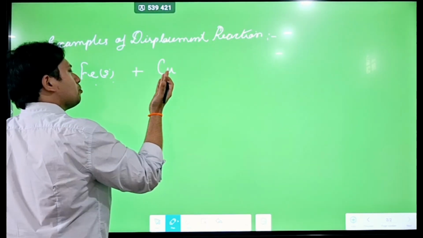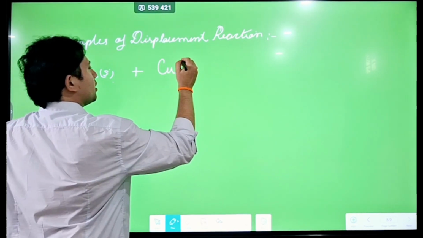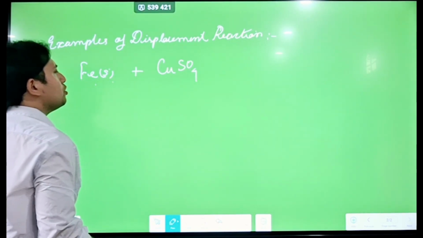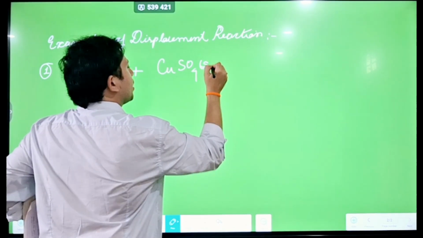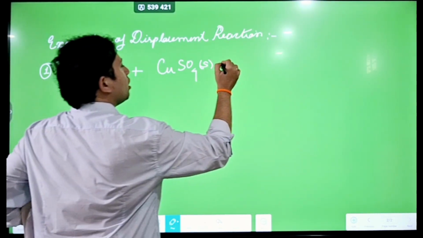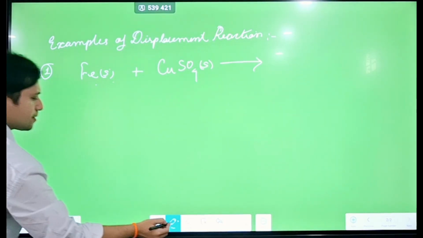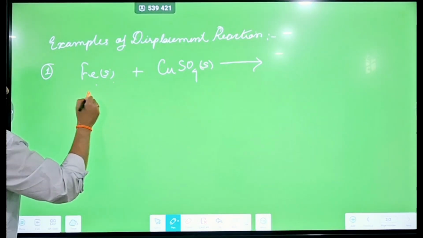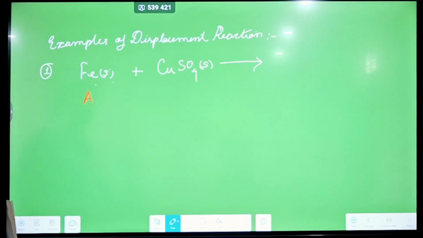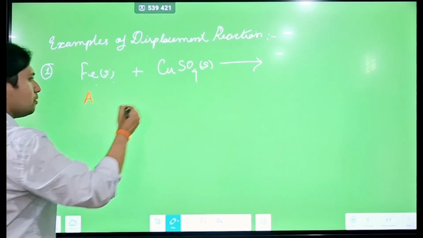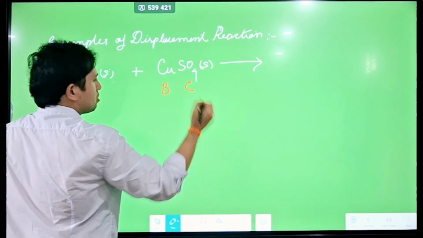Copper symbol is Cu and sulfate is SO4. CuSO4. It is a solid, so in brackets I will write S. Suppose this is A, just like I explained in the general formula, this is A, B, C.